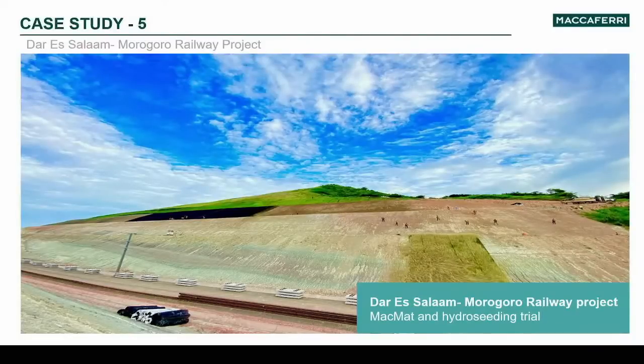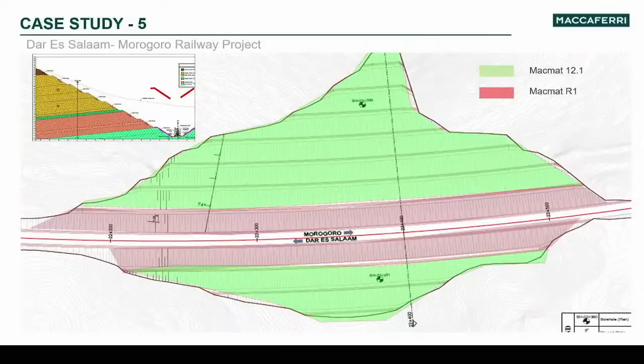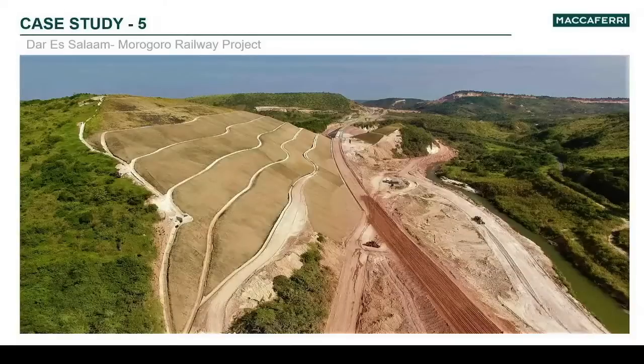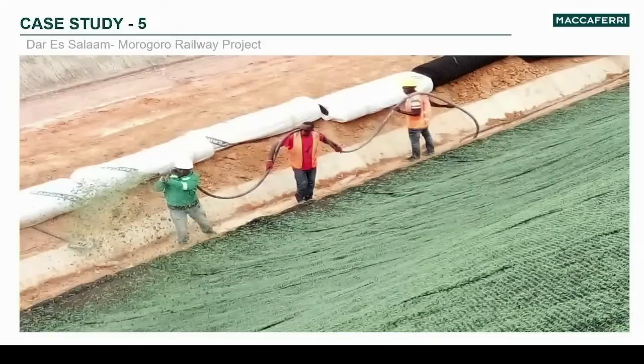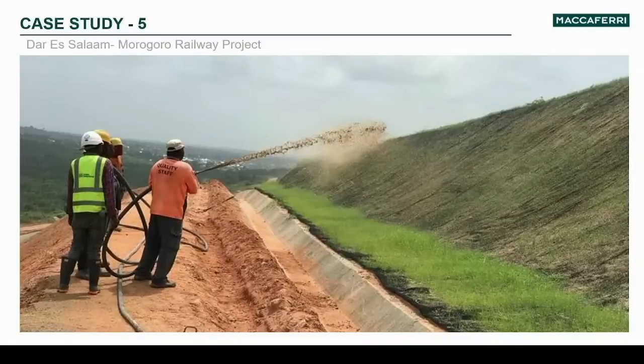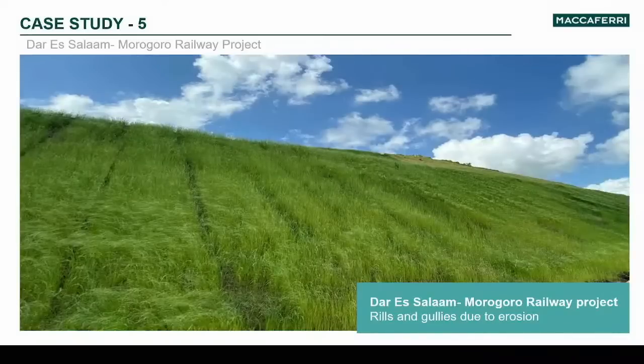The solution was implemented after doing the leveling and the scaling part, using two products, MACMAT R1 and MACMAT R2.1, according to the different slope angles. You'll see this image was taken from a drone. These are the solutions which are being adopted, and then hydroseeding is done using a spraying machine. And see, after the lower part, hydroseeding is done on the slope and how thick the vegetation has grown.